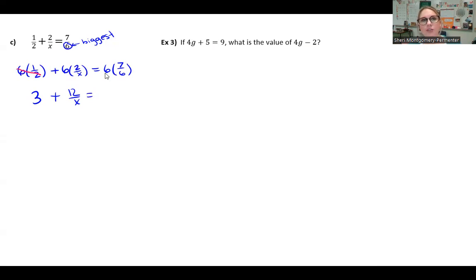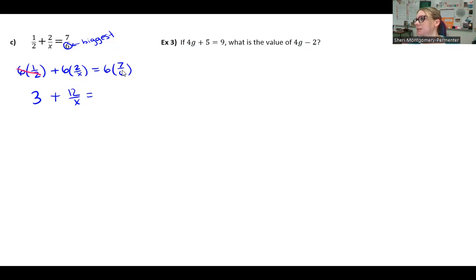What happens if I multiply and then divide by the same exact number? Well, I'm not multiplying by each other. So it would be 6 times 7. What's 6 times 7? 42. What's 42 divided by 6? 7.